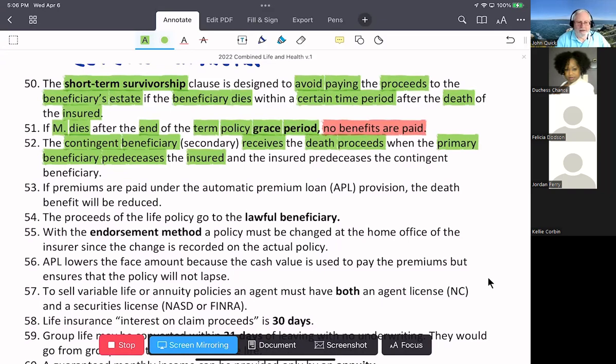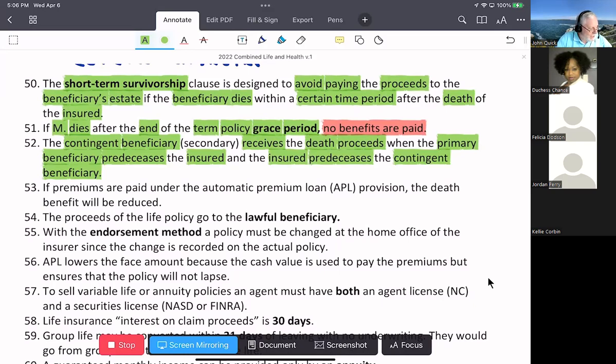Primary, secondary, then tertiary, first, second, third. So the contingent beneficiary receives the death proceeds when the primary beneficiary predeceases the insured. And of course, the insured has to be dead. They predecease the contingent beneficiary too. So Kenny dies, Jackie dies, Christine's going to get the money, contingent beneficiary.